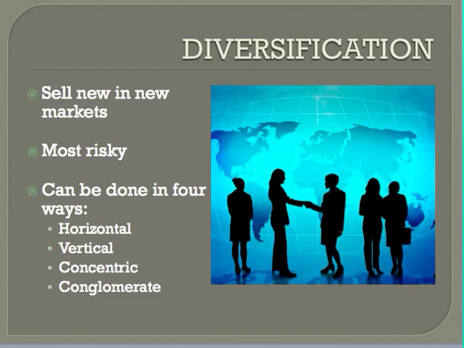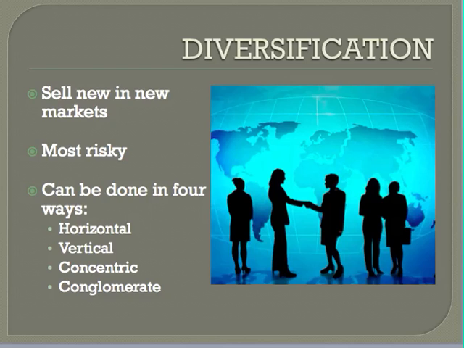This strategy sells new products or services within completely new markets. It is the most risky. Yet, it can also decrease risk, since a large corporation can spread some risk if it operates in more than one market. There are four different ways of diversification.